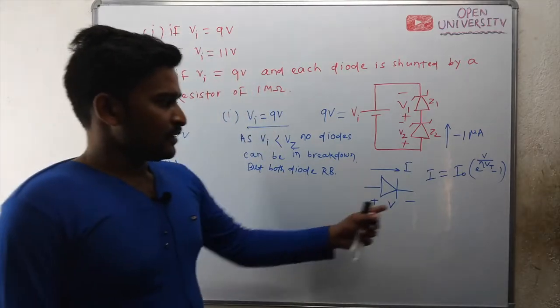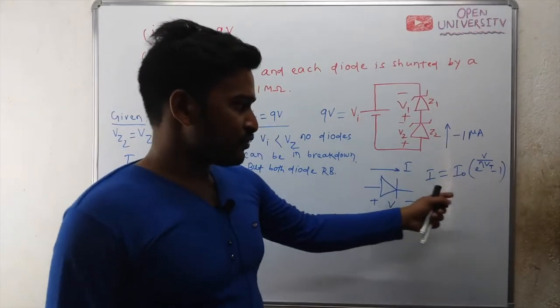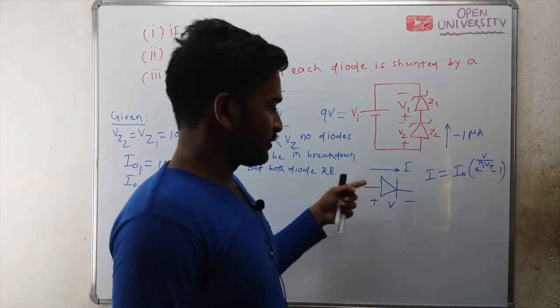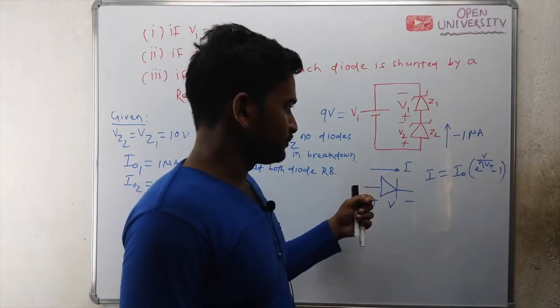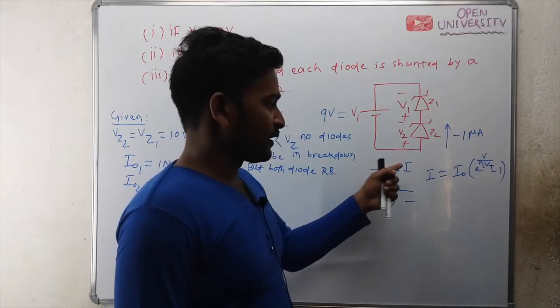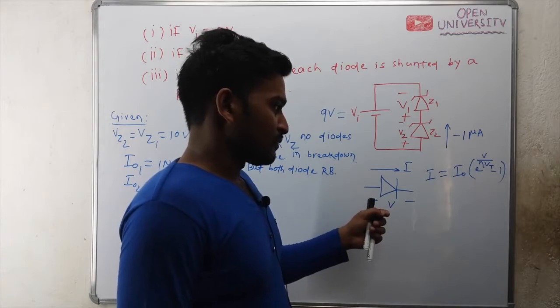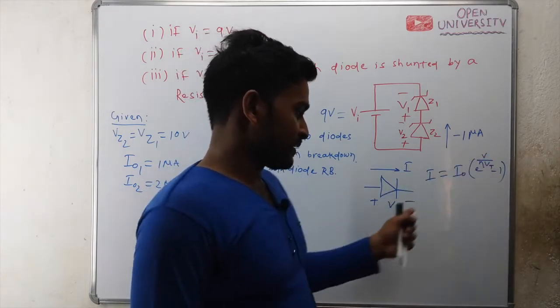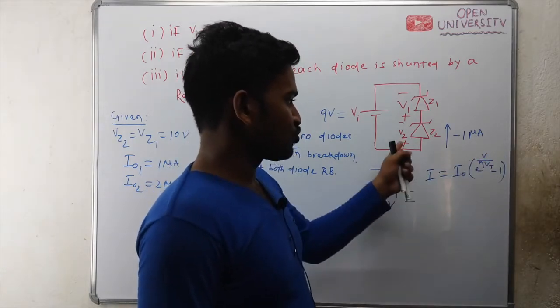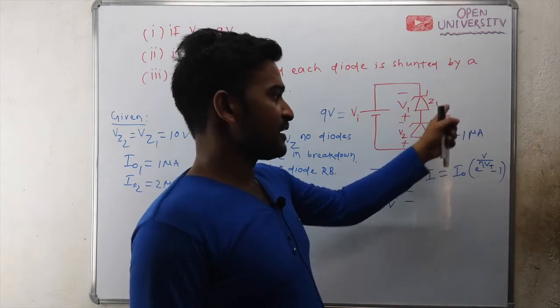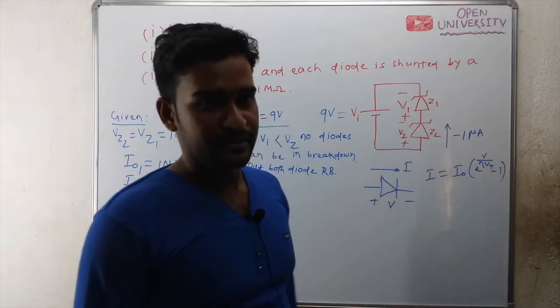If I want to use this expression of forward current of the diode, and this is the forward voltage across the diode, then I have to show the current direction in this direction and voltage polarity in this direction.